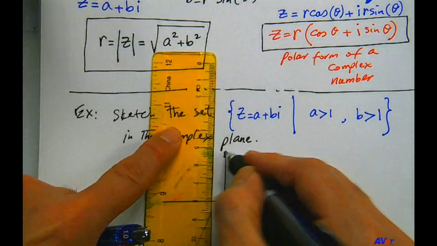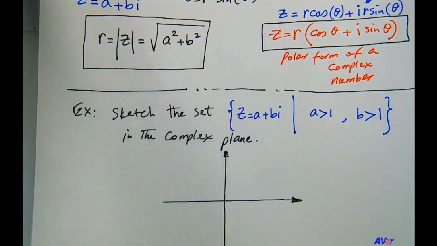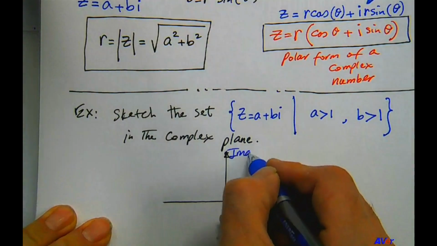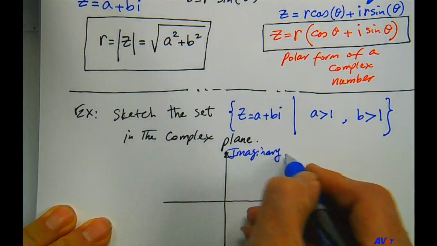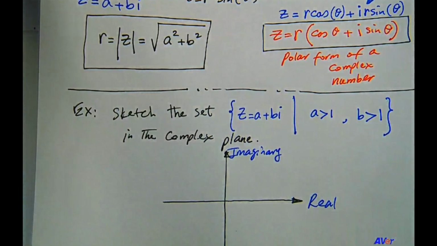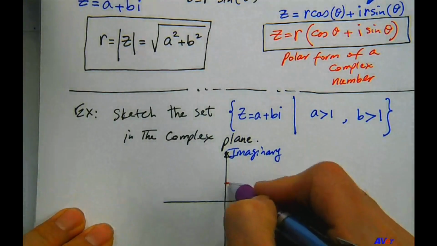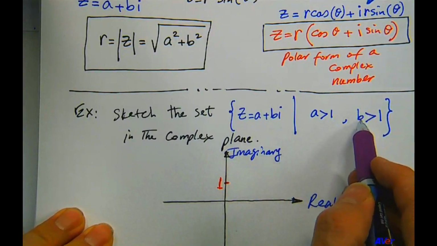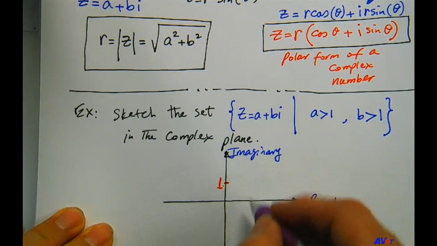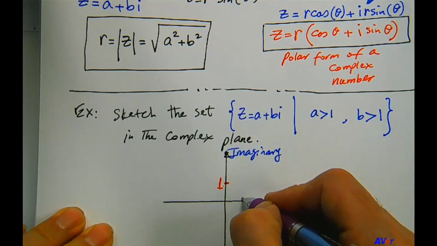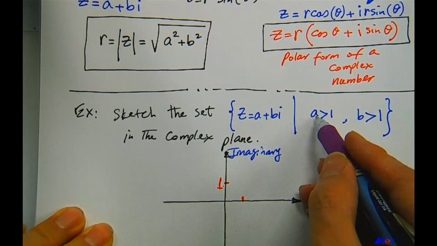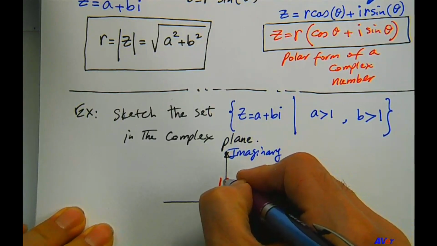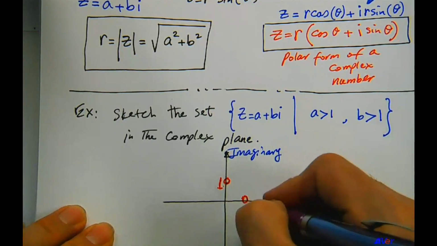So if we have the real axis and the imaginary axis here, let's say that this is 1 along B, and this is 1 along the real axis, and let's put a hollow circle here and a hollow circle here.